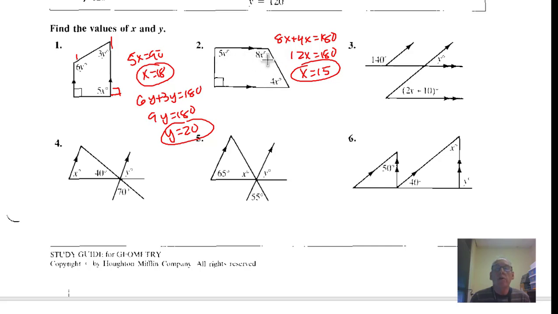These two together need to be supplementary because they're same side interior angles. So 8 times 15 is 120, and 60 is going to be this supplementary angle, and we have 5y is 60, which means y is going to be 12.